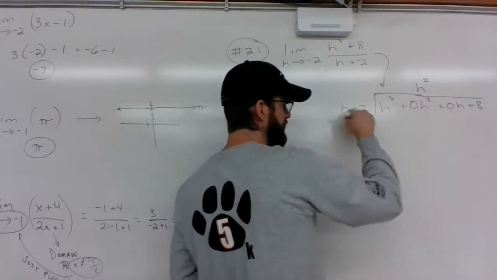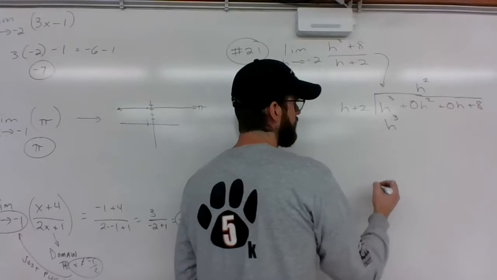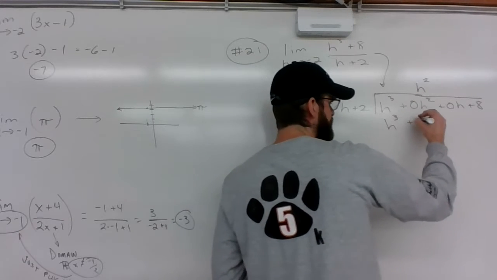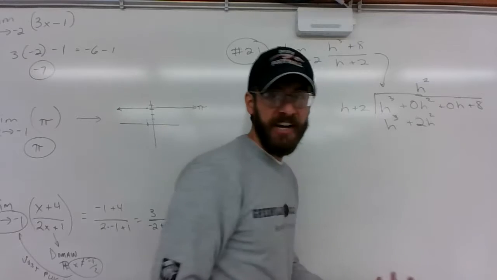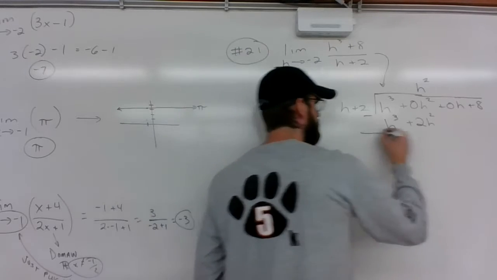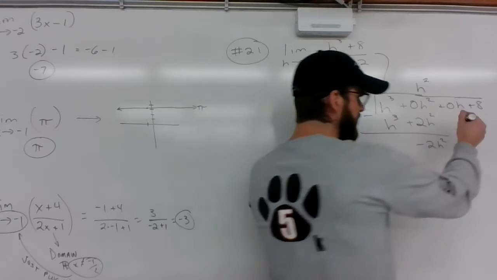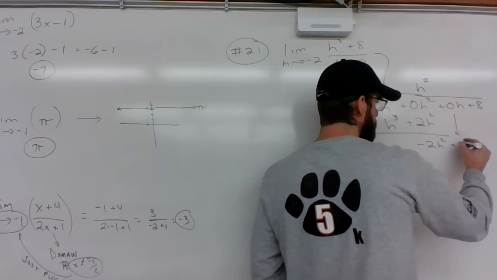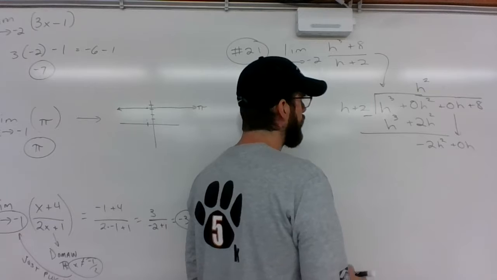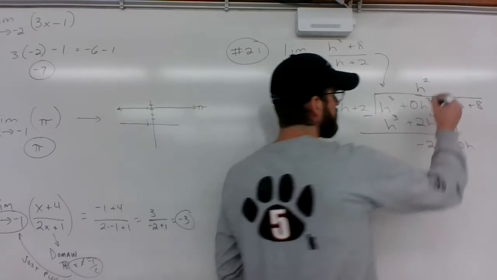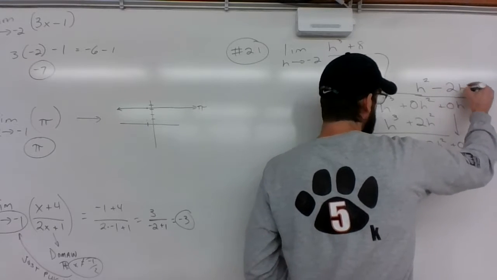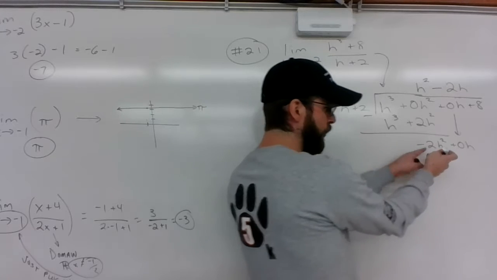So h squared times h is h cubed. H squared times 2 is plus 2h squared. You know how dividing works, right? You subtract it. 0 minus 2 is negative 2h squared. Then you drop the next digit. We need a minus 2h to cancel with this.